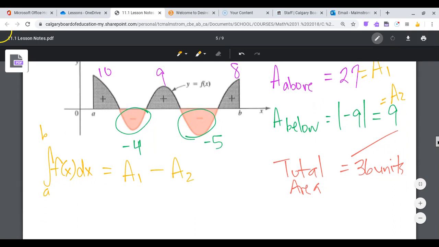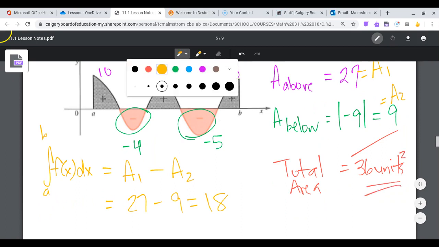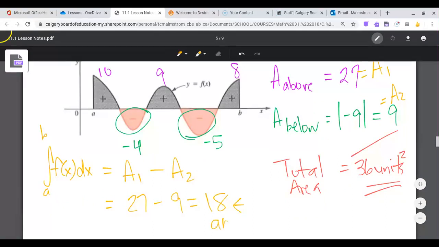And so I would get 27 minus 9 is equal to 18. Sorry, this should say units squared. This is the answer to the integral, the definite integral from A to B.